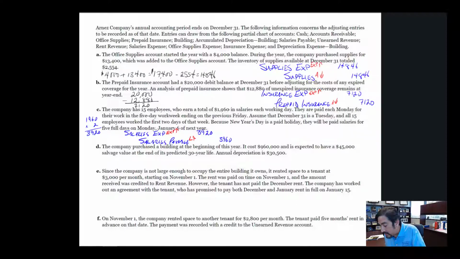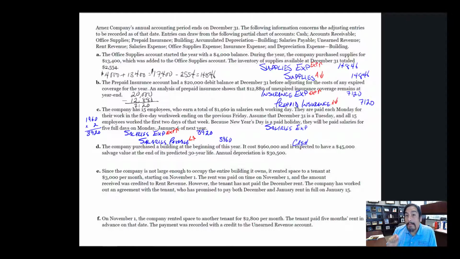So here's what that looks like. I left a little space in between there on purpose.